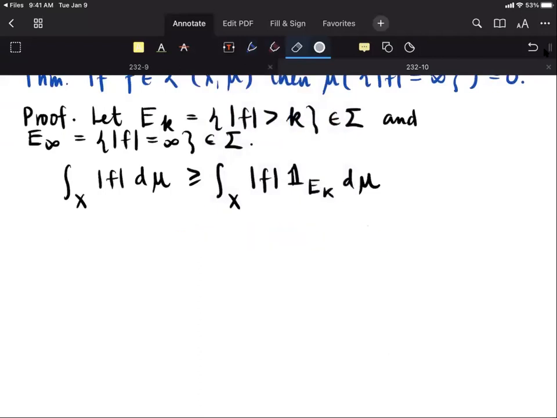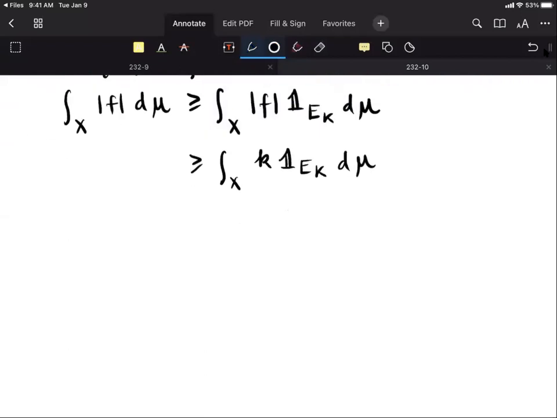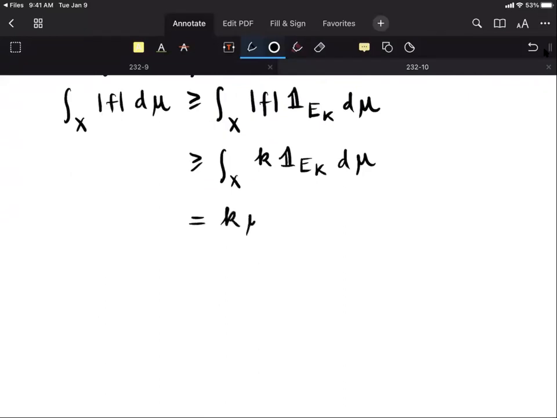So again, the first one is basically the monotonicity for the Lebesgue integral. And again, we apply monotonicity once more. This is k times the integral of the characteristic function of E sub k d mu, and this is a simple function, therefore the Lebesgue integral is k times the measure of E sub k.